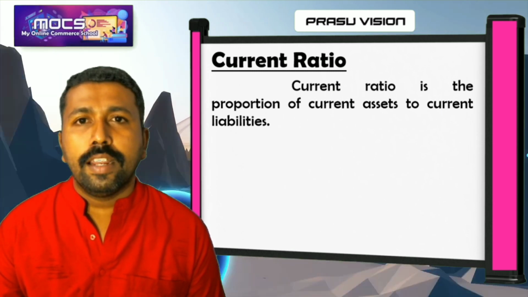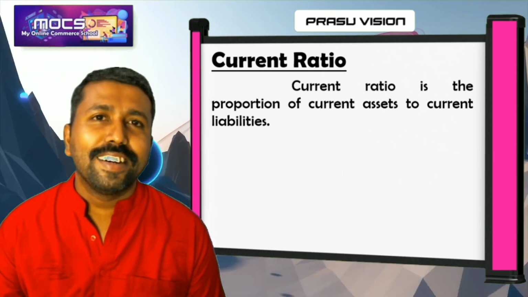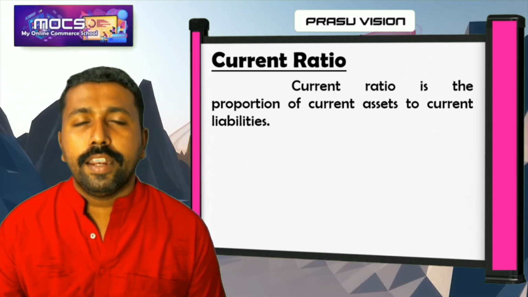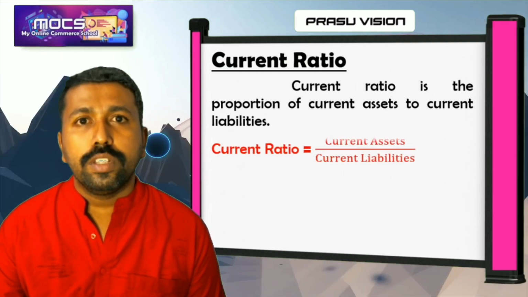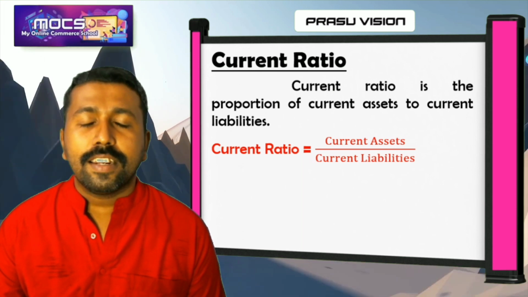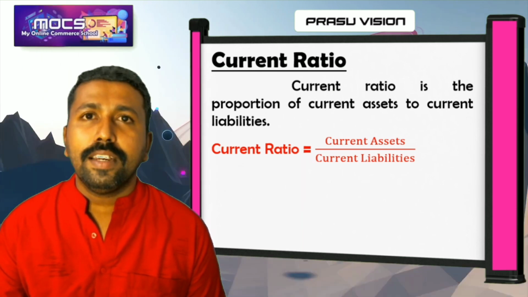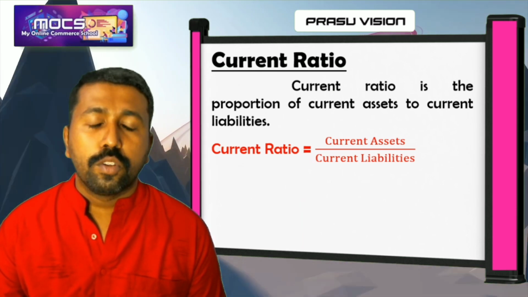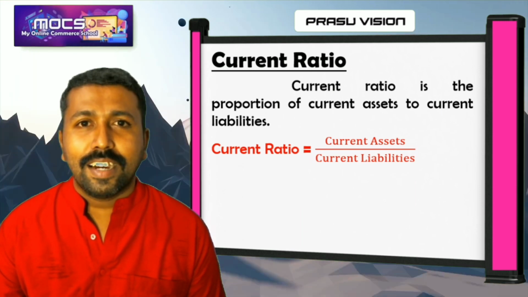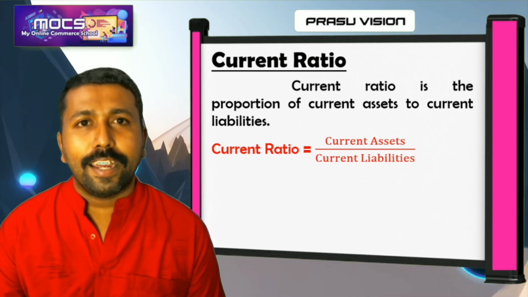So it shows the relationship between current asset and current liability, and it can be calculated using the equation: current ratio is equal to current asset by current liability. So my dear students, keep in mind current asset divided by current liability.